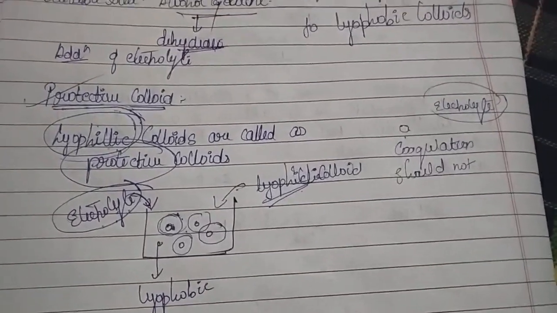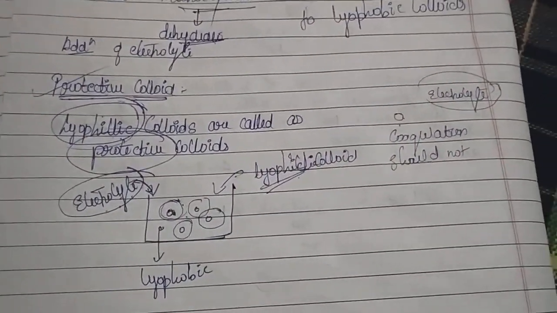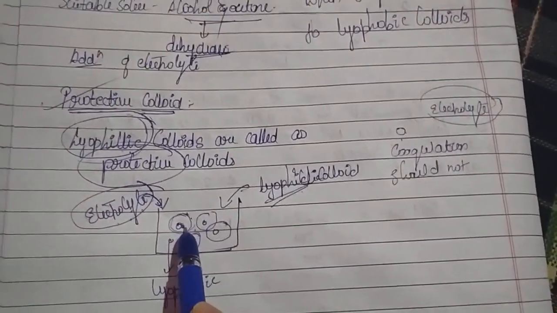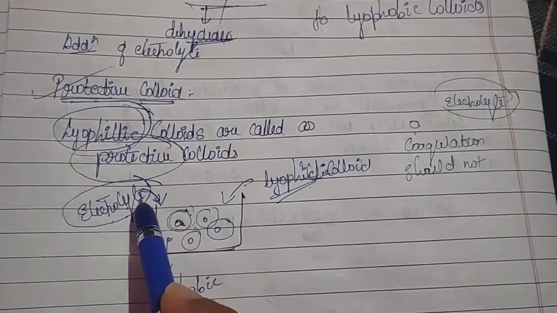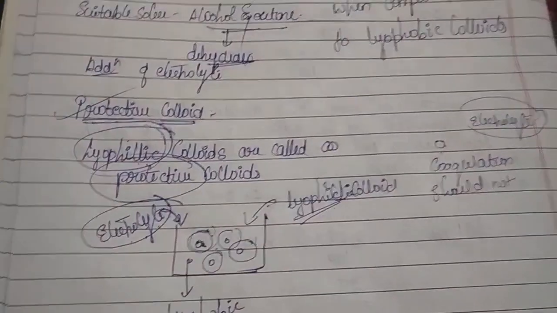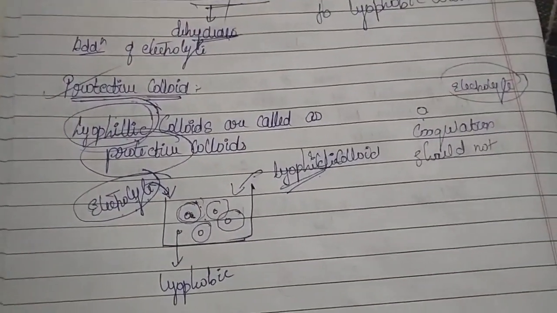Remember, it is your lyophilic colloid, because it forms a protective layer around your lyophobic colloid. When such a protective layer is formed, on the addition of electrolyte, that electrolyte can't cause the coagulation or precipitation of your lyophobic colloids.